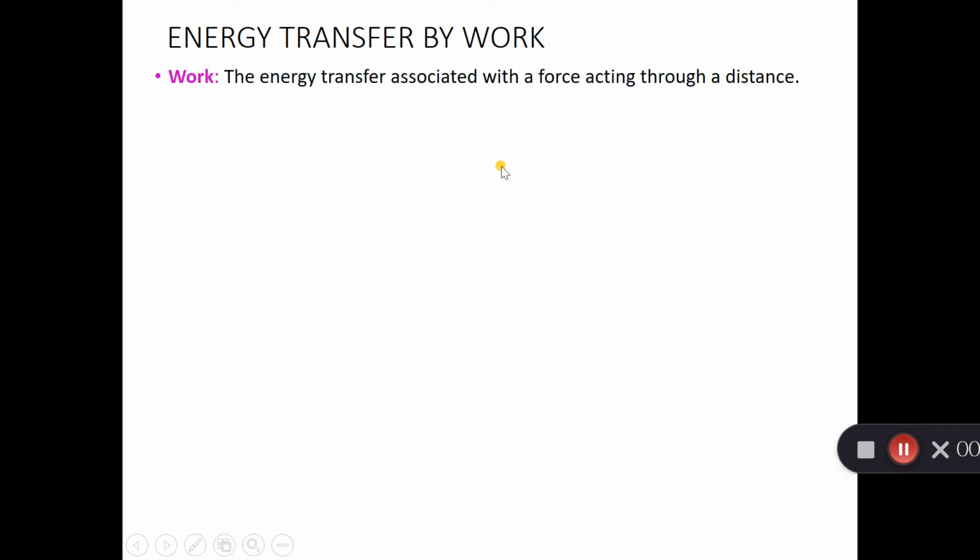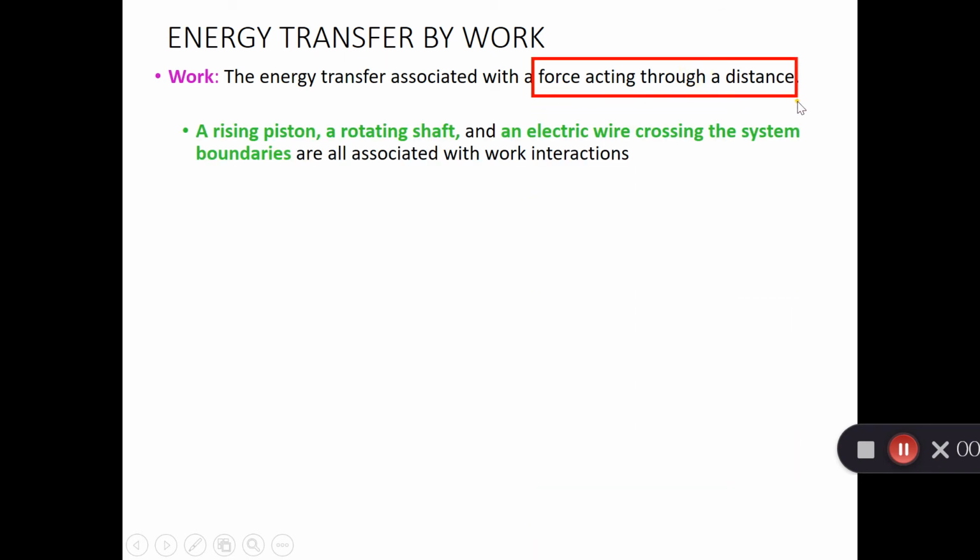Now we go to the other type of energy transfer, which is work. Work is, well, it's not complicated, but it is quite a lot of things. So typically work is when energy transfer is associated with distance. I think you know this, when it's force moving through a distance.